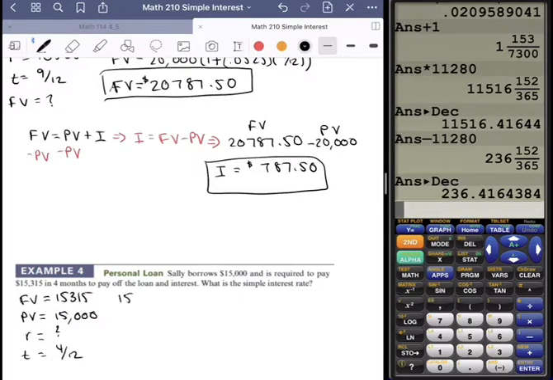So I have 15,315 is equal to 15,000 times (1 plus 4 out of 12 times r). So I'm going to divide by 15,000 on both sides.